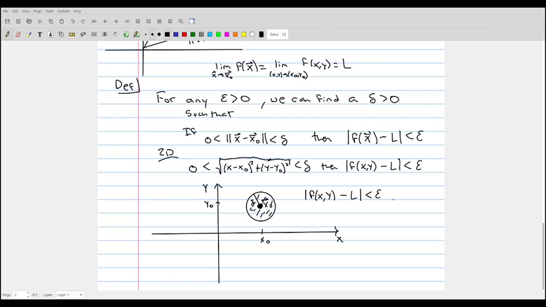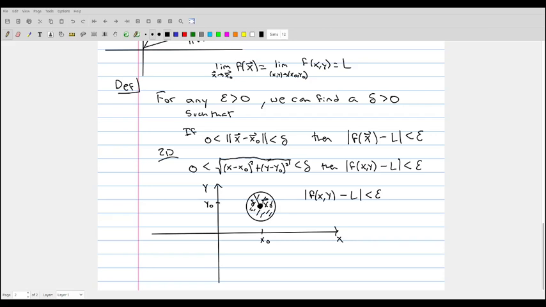So the function is within epsilon of the limit. You can think of it as the smaller epsilon gets, the smaller this region is going to get. But if the limit exists, that means that the function is approaching the value of the limit. So essentially, no matter how close you want to get to the limit, you can always find a region around the point where the function stays within epsilon of the value of the limit.